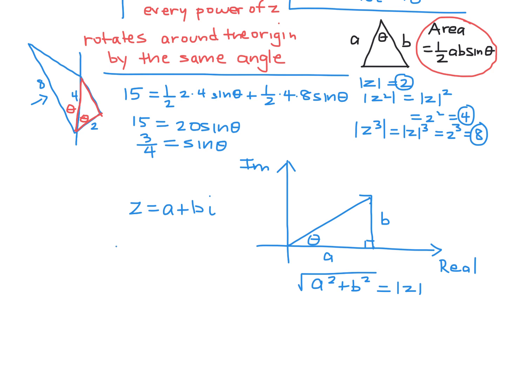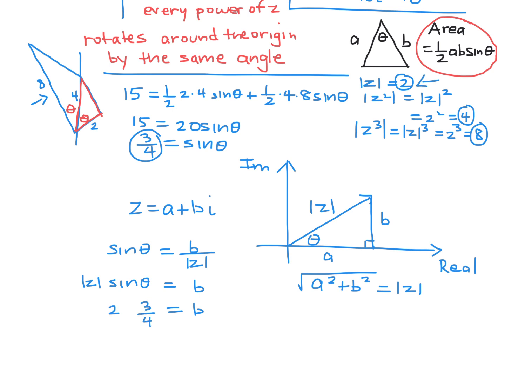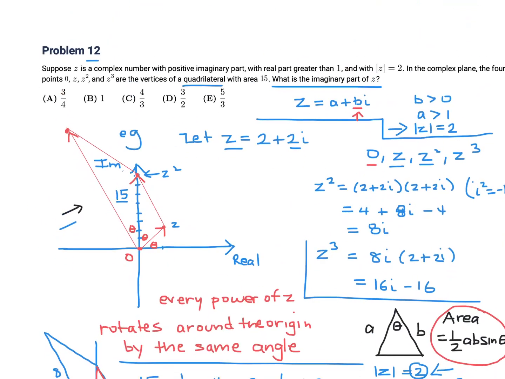And then if we use trigonometry, sine of theta on that triangle would be b over the magnitude of z, and therefore b is sine of theta times the magnitude of z. Sine of theta we just figured out was 3 over 4, and the magnitude of z is 2, so therefore b is 3 over 2. 3 over 2 is the answer. And what is that in terms of answer choices? That would be D.